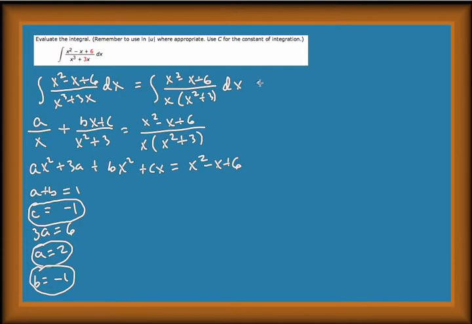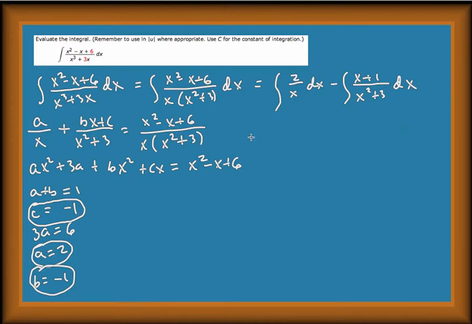So really what we're integrating then is the integral of 2 over x dx minus the integral of (x plus 1) over (x squared plus 3) dx.